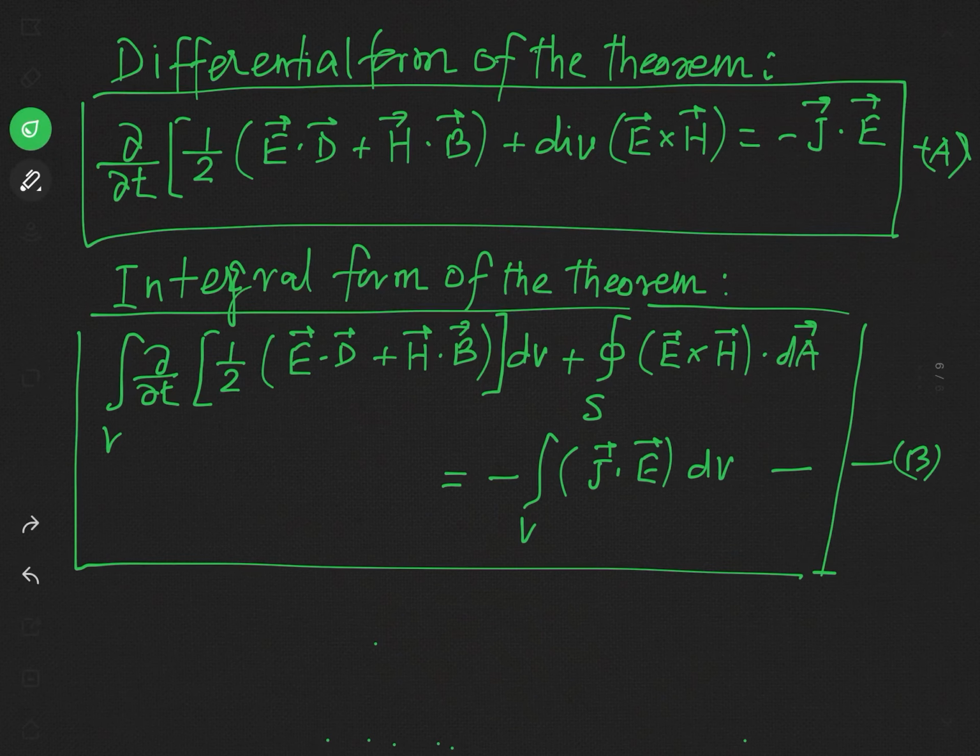I have just mentioned it directly here, but now I am going to derive these two results first of all, and after the derivation we will discuss each and every term in these two equations. So now let us see the derivation of the Poynting theorem, or its mathematical form.